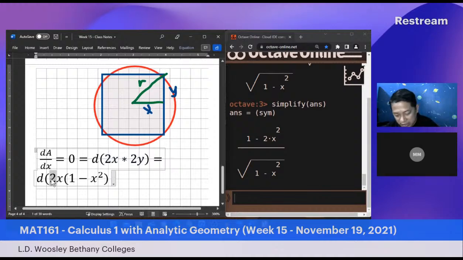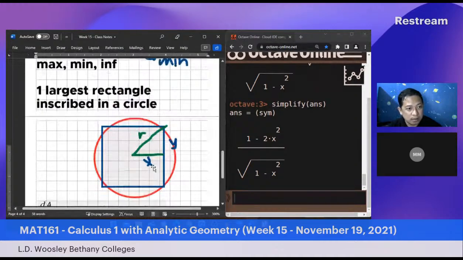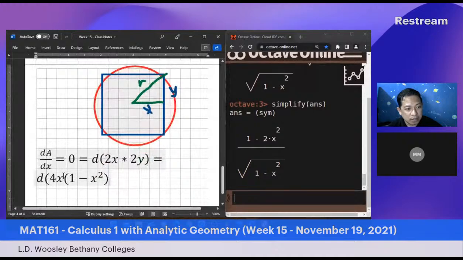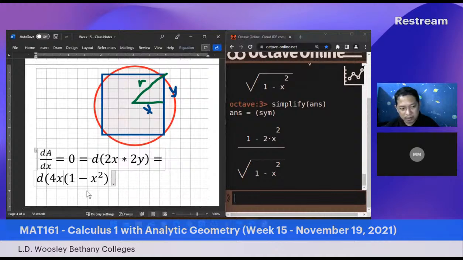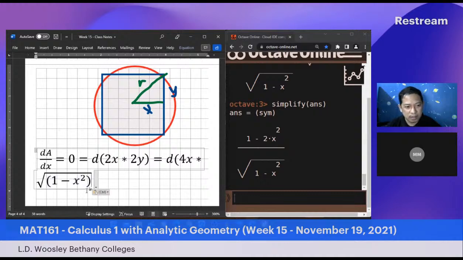Oh, so magiging 4 na siya. Ayan. Ayan. So square root to. Pala, nakalimutan ko square root. Ayan.